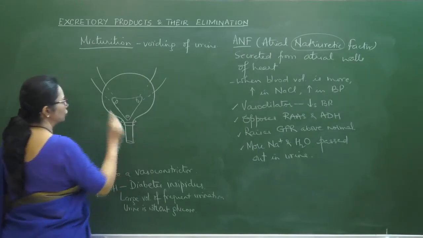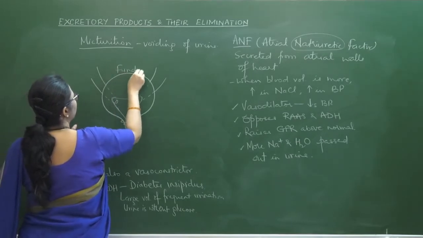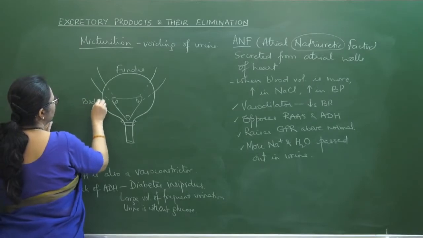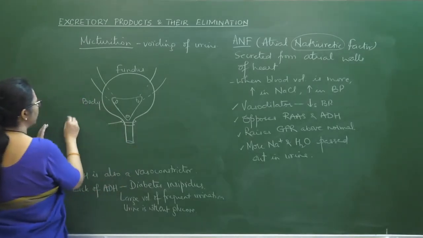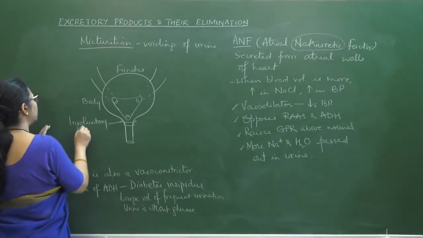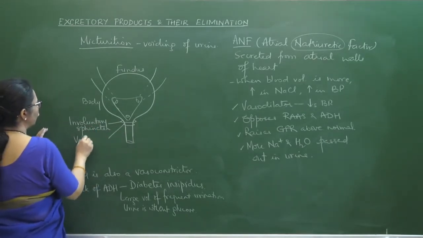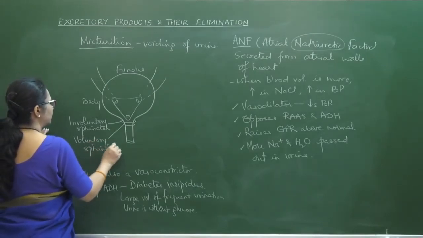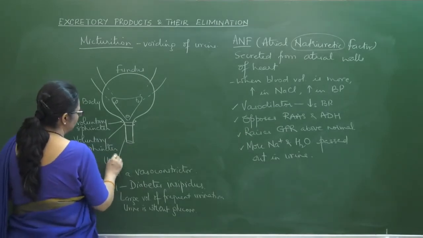Okay, so let us label this much part at least. So you see, this part is the dome shaped. In many organs we use the name fundus. This is body, and here it is the neck, and this is the inner one, which is the involuntary urethral sphincter. This one is the voluntary sphincter. Okay, this is of course the urethra.